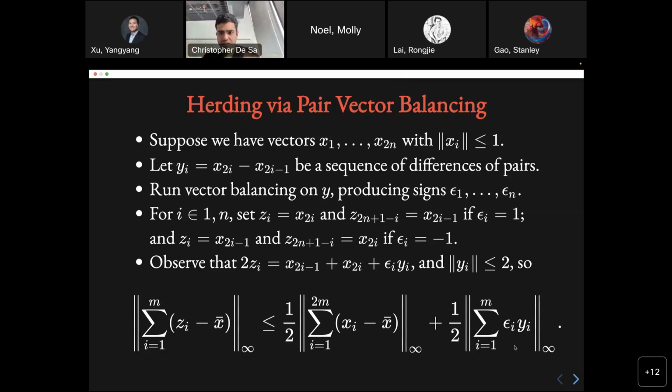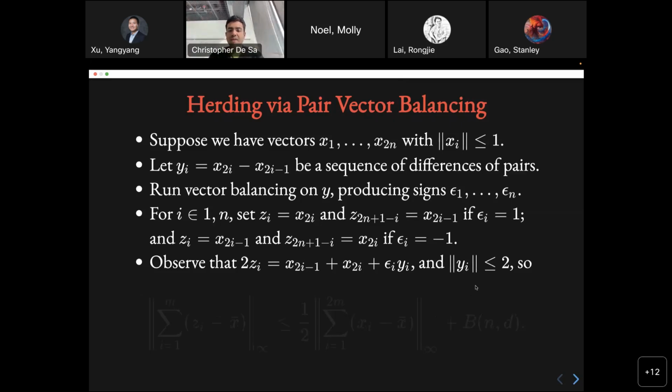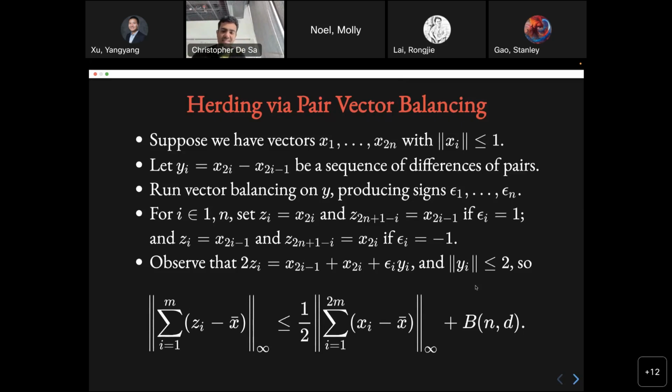And again, just to be explicit, Zi is going to be a new permutation of the same vectors. Xi is the original permutation of those vectors, and Yi is a sequence of differences. And because we inherit our bound from this vector balancing algorithm, we can replace this second term with whatever bound we got from the vector balancing algorithm.